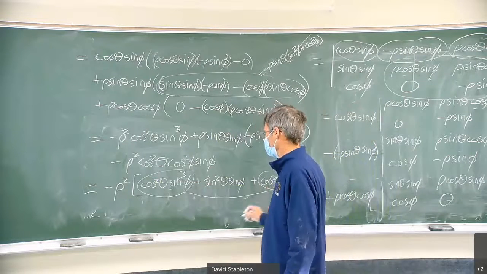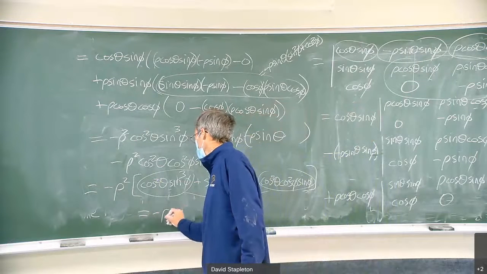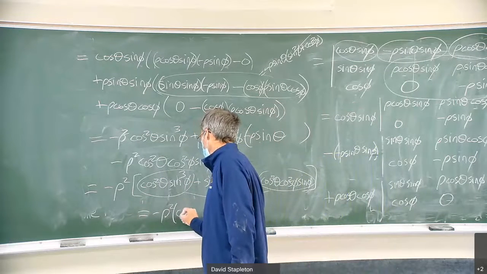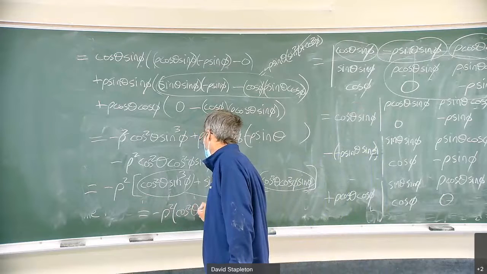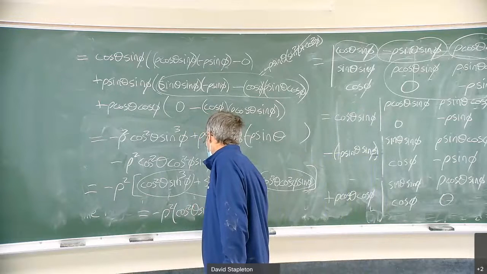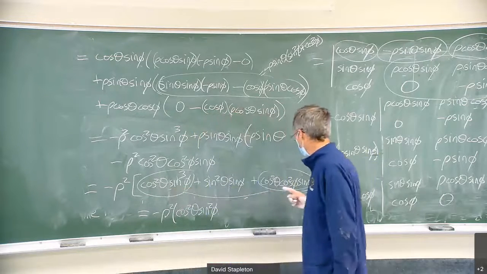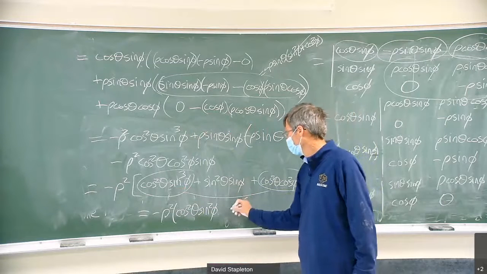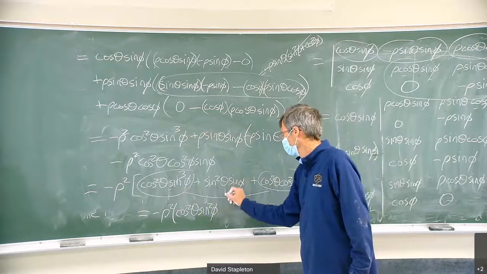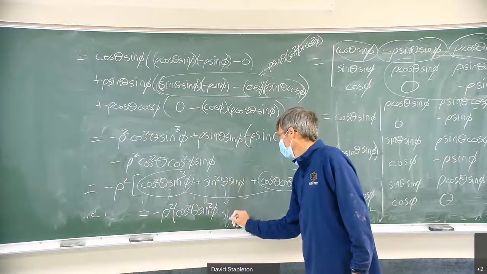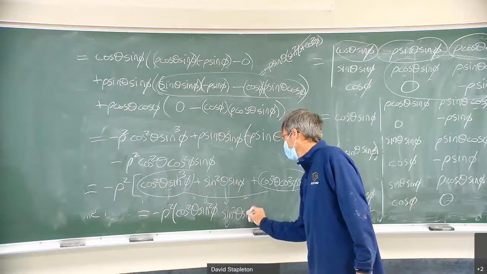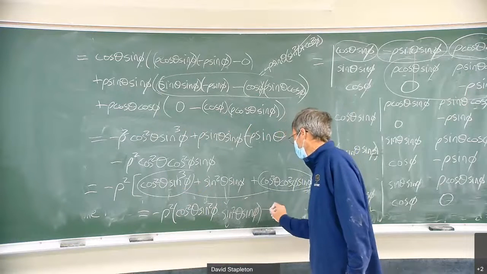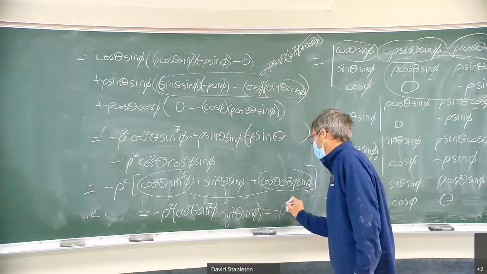So these all come together to make cosine squared theta sine squared phi. Because the cosine squared plus sine squared just become one. And then this one becomes sine squared theta sine phi. So this becomes minus rho squared.